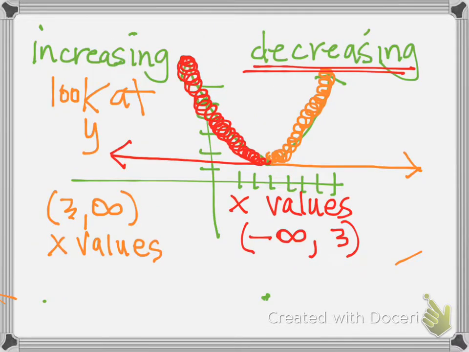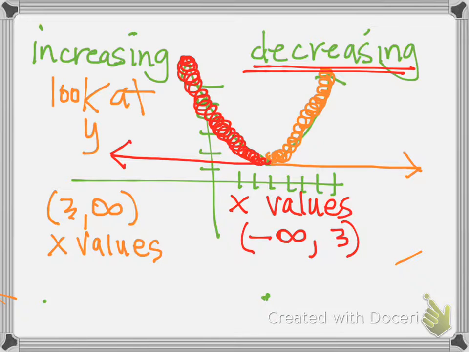Okay, the final thing I'm going to talk about is increasing and decreasing. When you're talking about increasing, you always look at a graph from left to right, like you read a book from left to right. So if I'm looking at this graph, this graph is increasing where I colored in orange. From left to right, it's like walking up a hill. The slope is increasing.